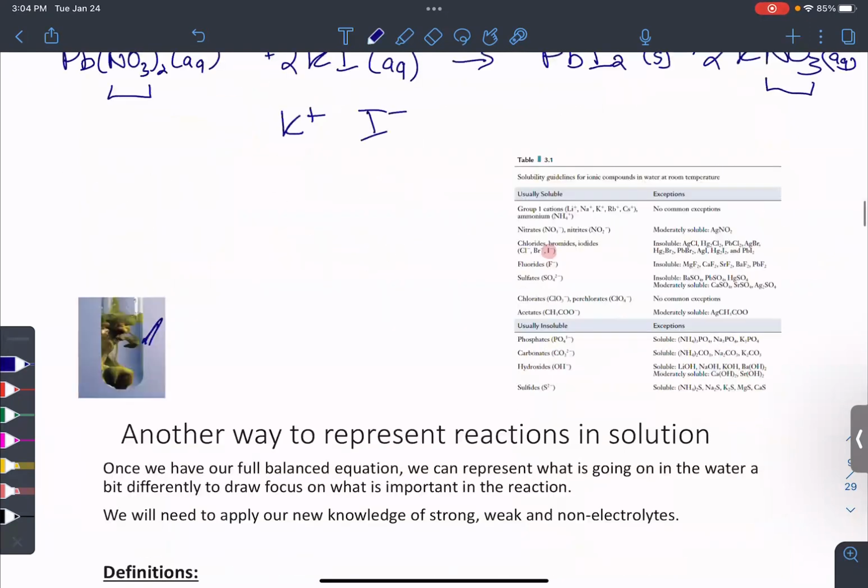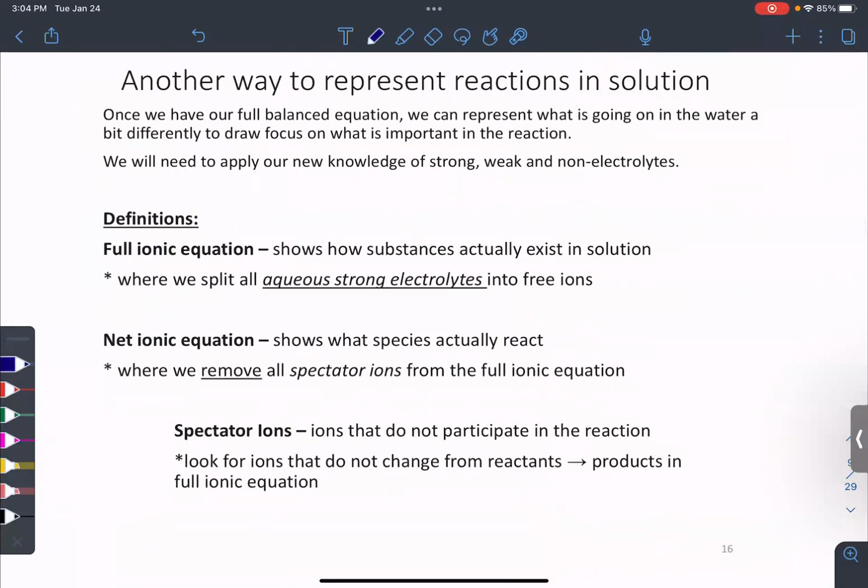So the other way to represent reactions in solution is to use full or net ionic equations, where we think about how these particles actually exist in solution. For a full ionic equation, you need to start with a balanced chemical equation. Then you identify and split any substances that are both strong electrolytes and aqueous.